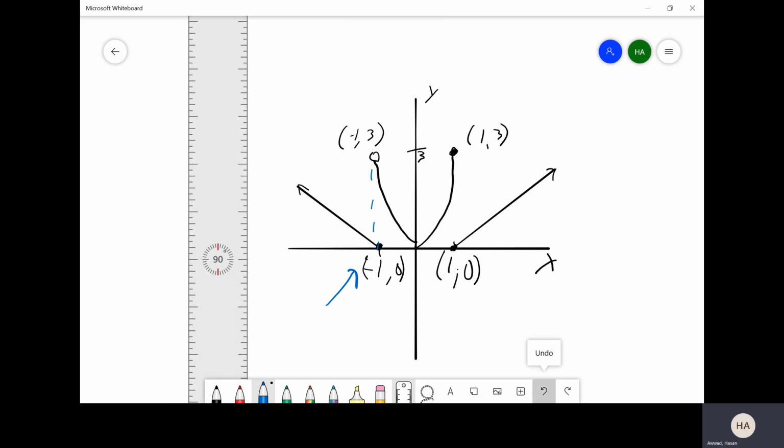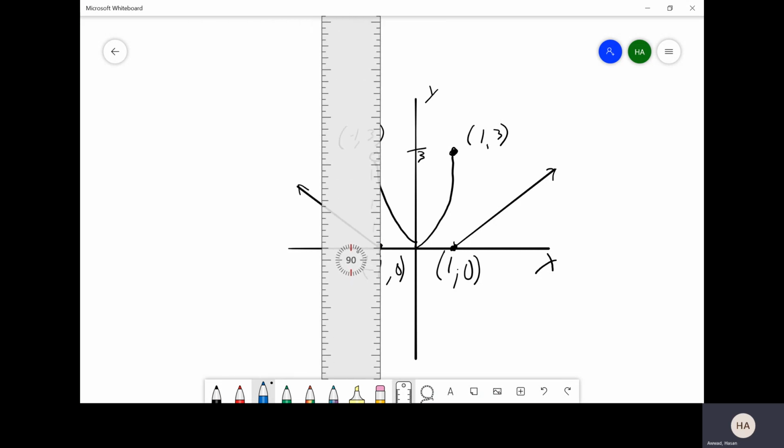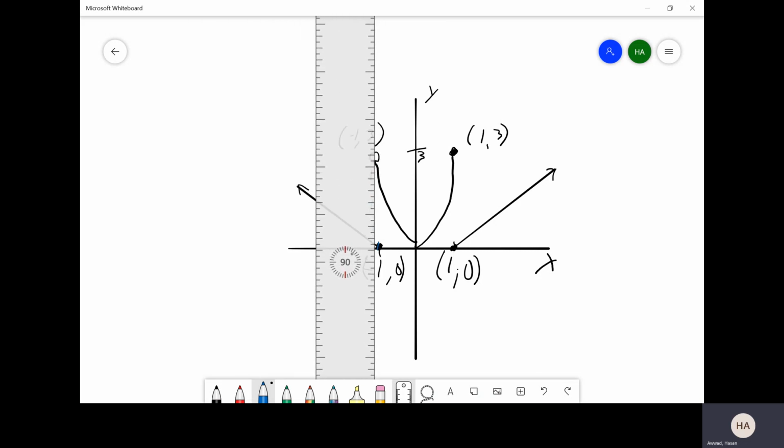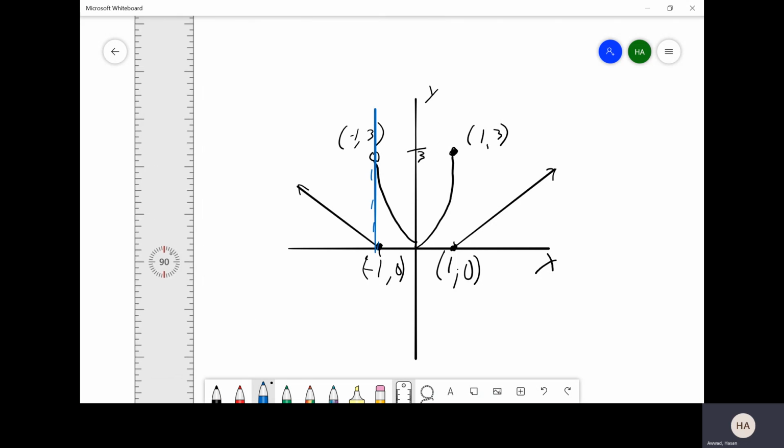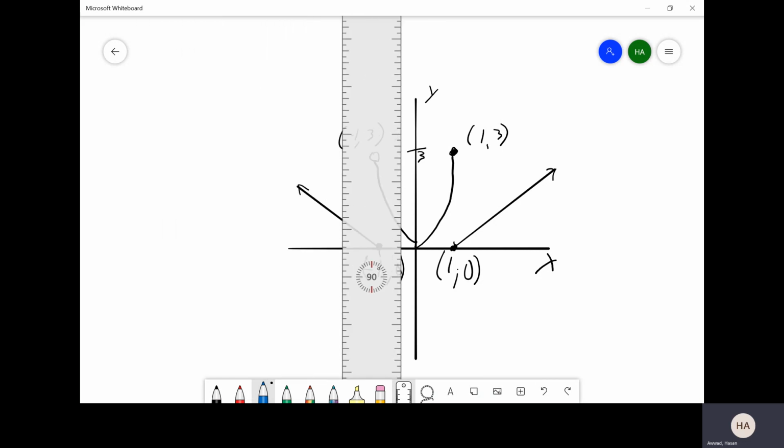So if we were to draw a vertical line at this point, and I know it's not going to be entirely accurate, but just bear with me. So if we were to draw a vertical line right here, it's not hitting at this point because we're not including it. Again, open circle means we're not including it. However, it is hitting at this point, but that's okay. It's only hitting just the one time. So that's totally acceptable.